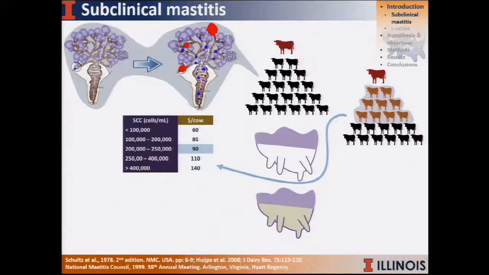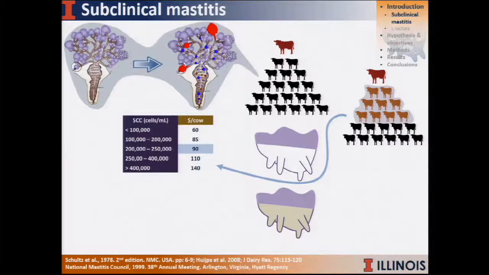Not only that, but subclinical mastitis causes changes in around 20 parameters or components of the milk, which has a negative impact on the processing capacity and shelf life of milk.